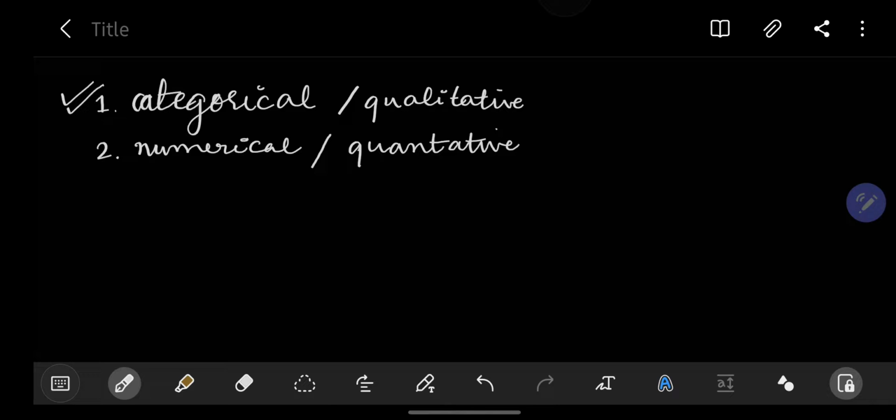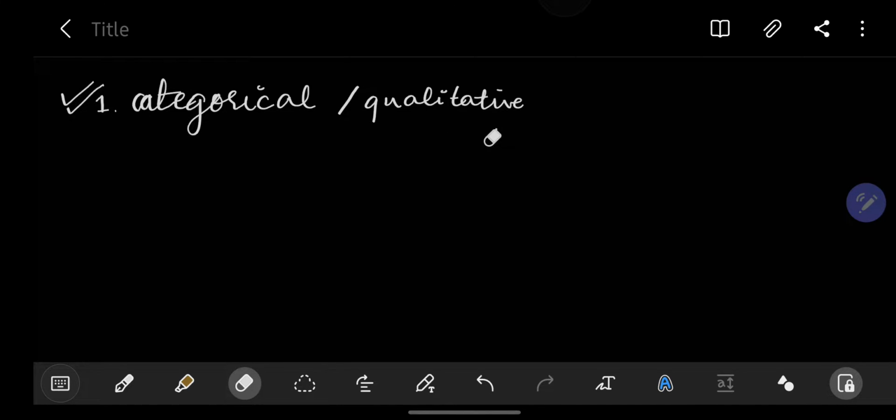To know about this type of variable, we will first notice its characteristics. I'll first introduce frequency distribution, which is pretty important to understand a variable.